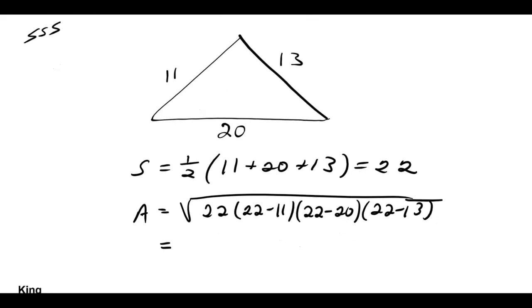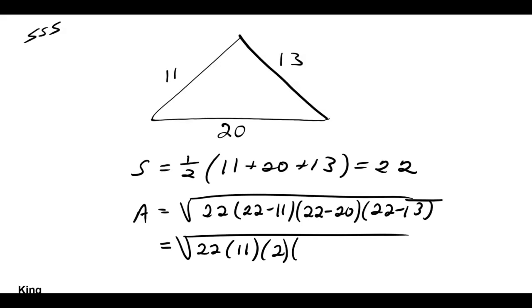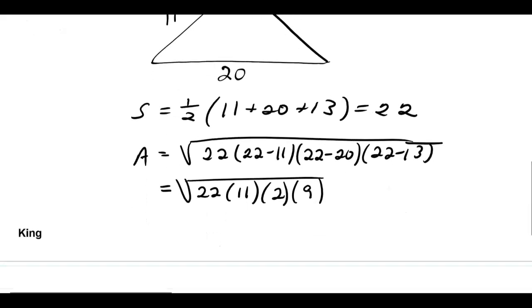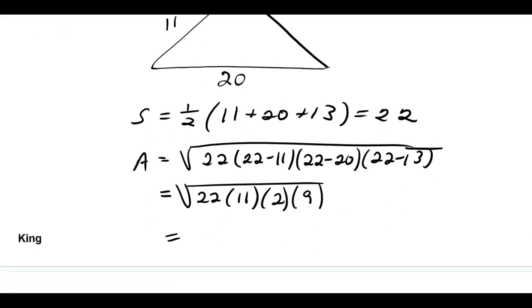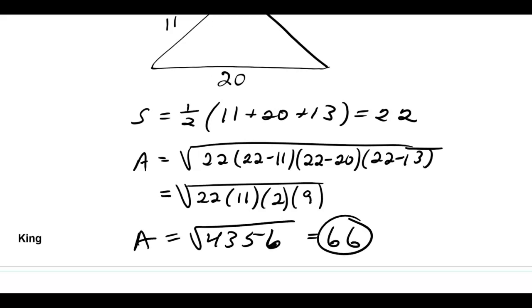This will give us the square root of 22 times 11 times 2 times 9. And this ends up giving us the square root of 4,356, which happens to be a perfect square. And this is 66. And that's the area of our triangle.